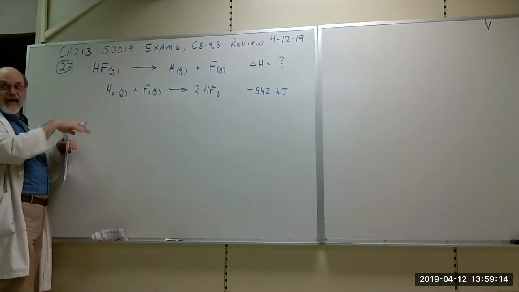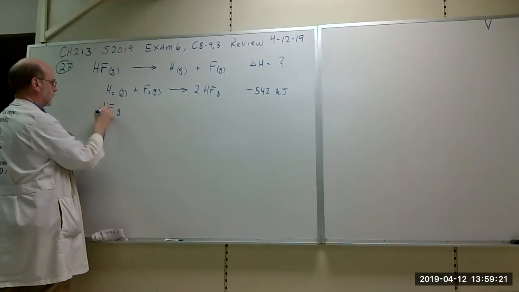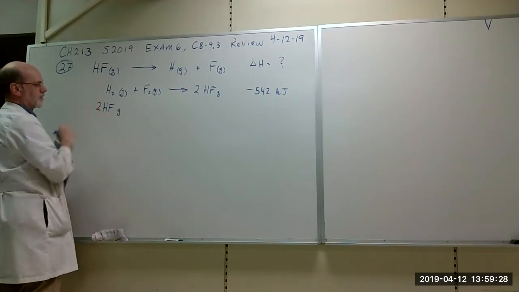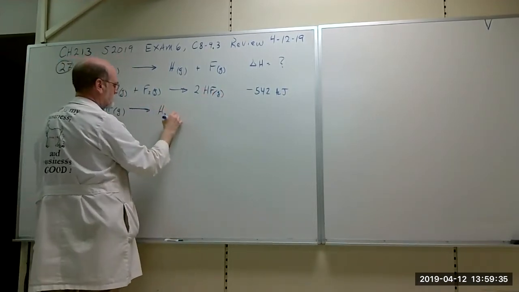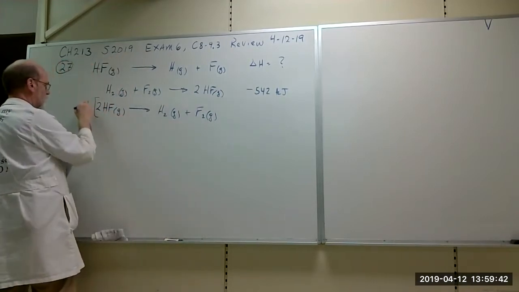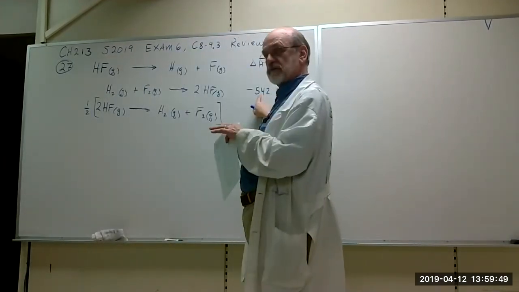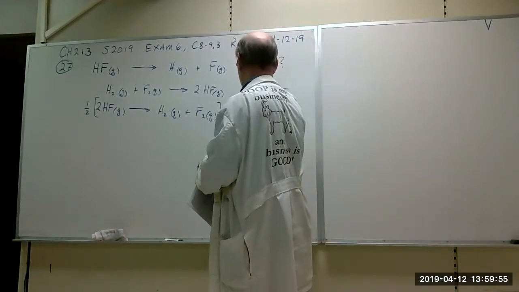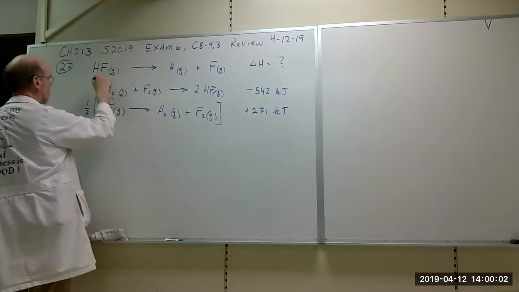So if we flip it and take half of it, we get HF gas yields H plus F. That makes this one positive first, and then half of that, so that'd be 271 kilojoules. So that gives us this part here.